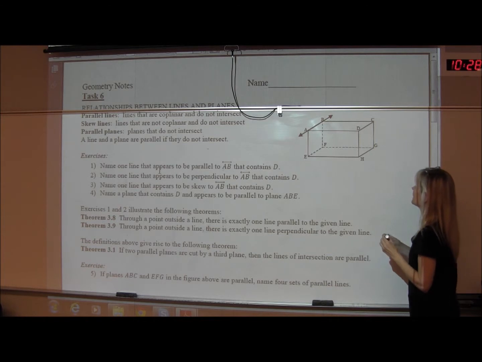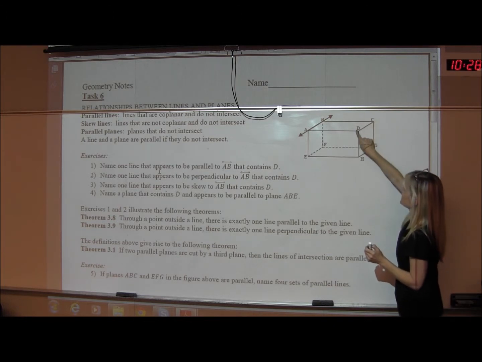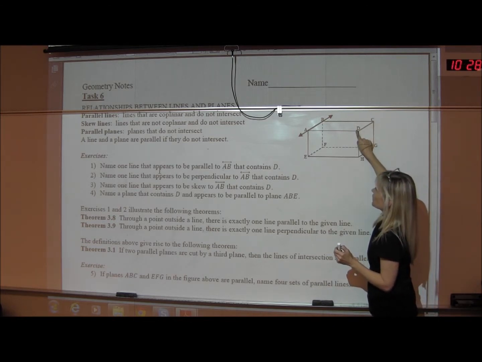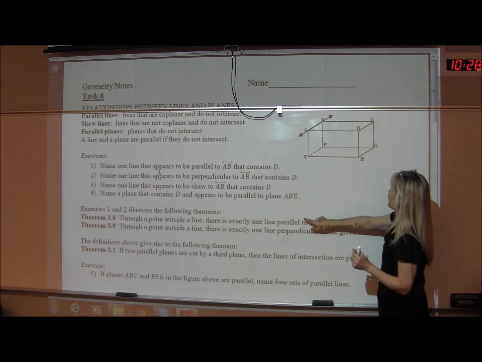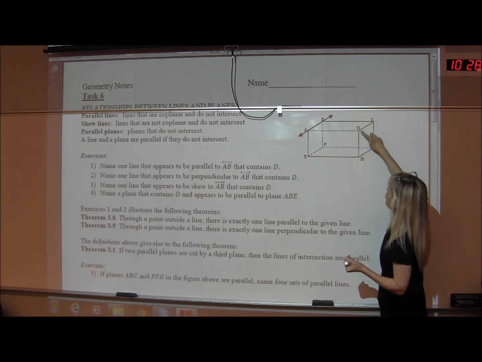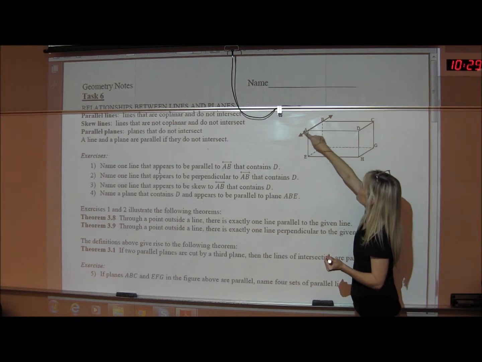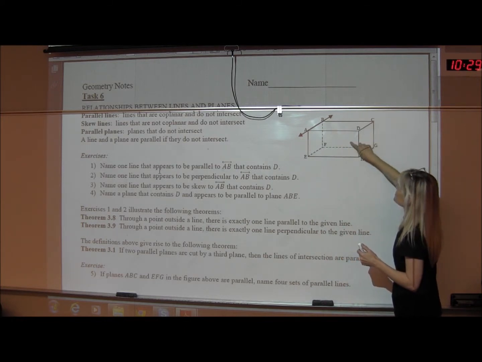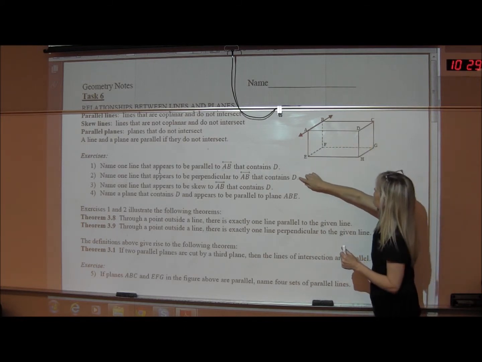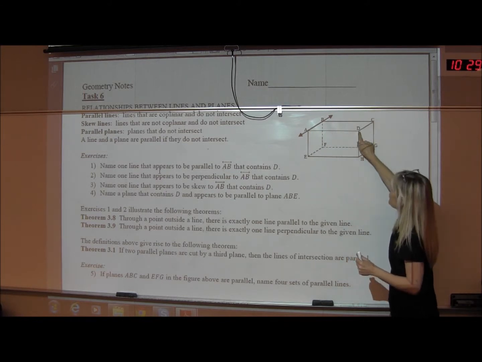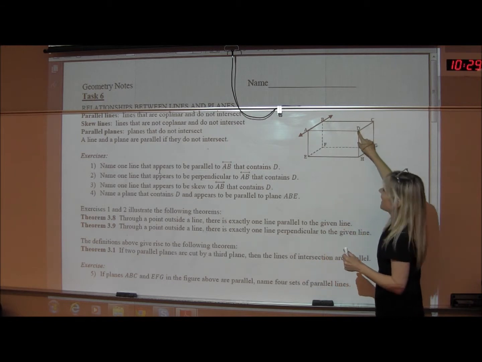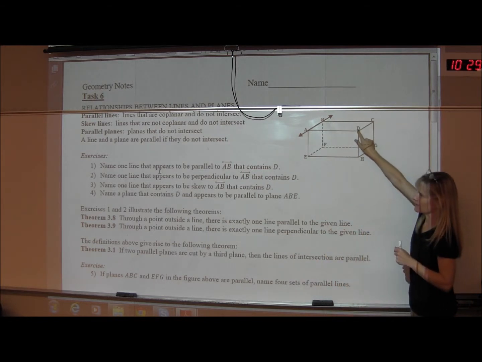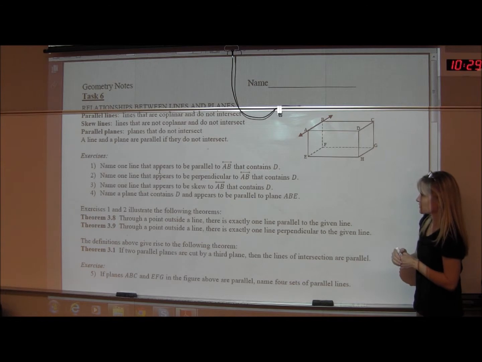So not only did line DC meet these criteria, it was parallel, but it's the only parallel line that goes through D. The only line that's parallel to AB and goes through D. And same thing with this one, we said the line through AD is perpendicular to AB and goes through D. And in fact, there's only one line that meets those criteria.